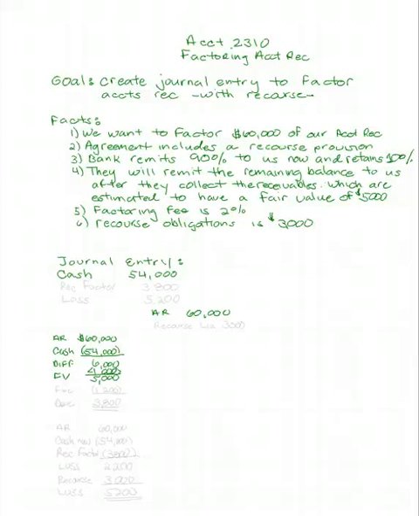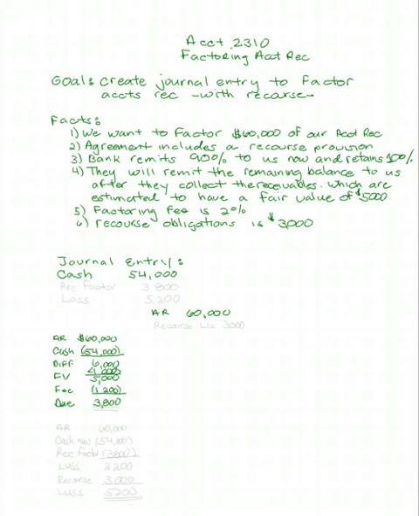From that, we're going to subtract our factoring fee. Our factoring fee is 2% of $60,000. 2% of $60,000 is $1,200. So we're going to subtract that out. And we'll say that we are owed from the bank. Right now, we're due $3,800.